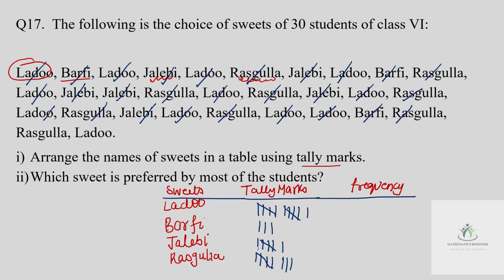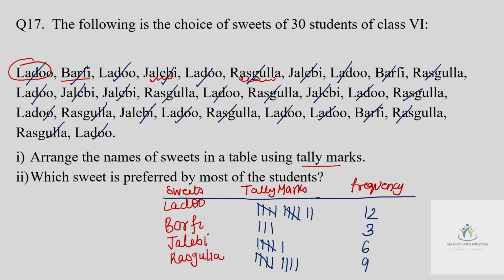There's a competition between rasgulla and laddu. Now count 5 plus 5, 10, 12. There will be 3 barfi lovers, 6 jalebi lovers, and rasgulla is 9.